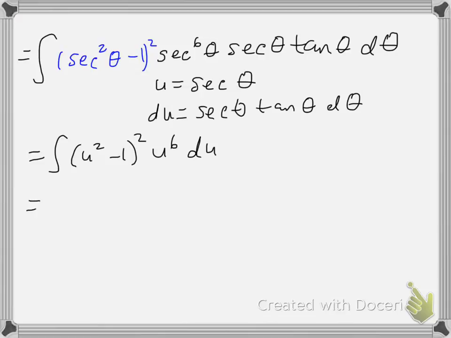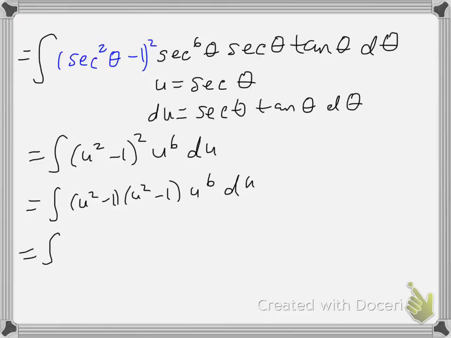Now working out the algebra, this becomes the integral of u squared minus 1 times u squared minus 1 times u to the 6th du.